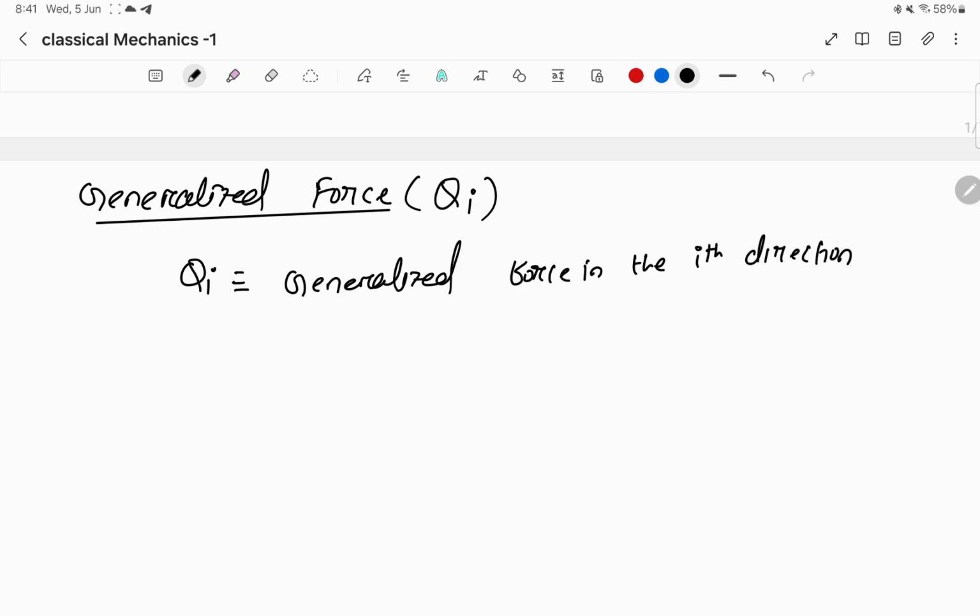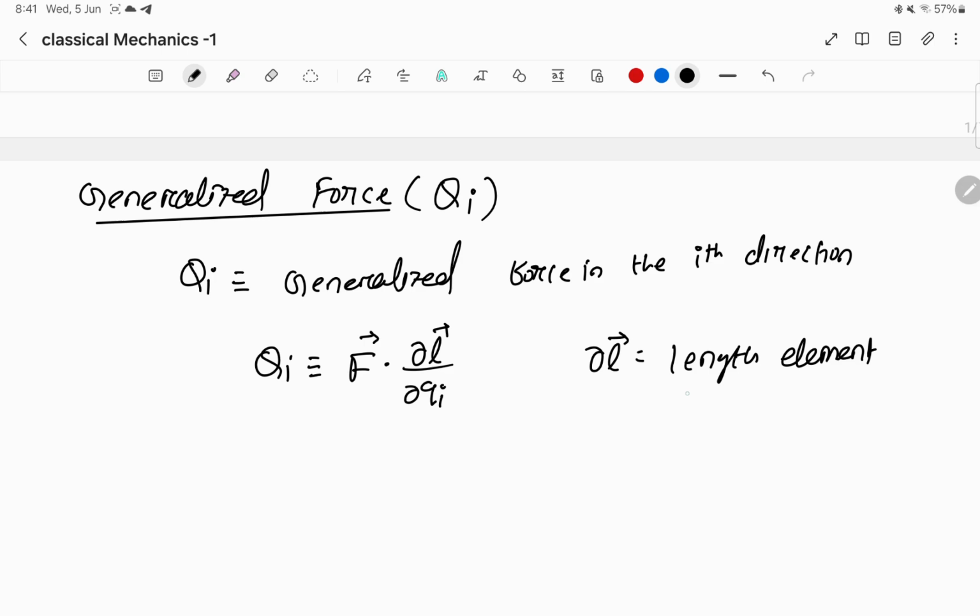Understood? If I have to define Qi mathematically, I could say F dotted with dou L upon dou qi, where dou L is nothing but your length element with respect to the coordinate system we are considering.